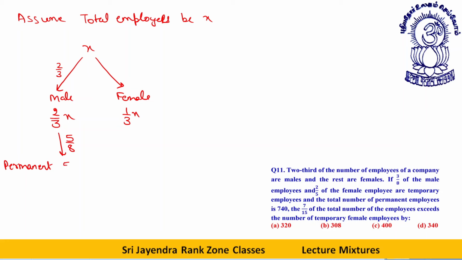Okay, so 5 by 8 of 2 by 3x, these are permanent, plus the female, and 2 by 5 of the female employees are temporary, so 3 by 5 are permanent again, so 3 by 5 of one third x, these are permanent.